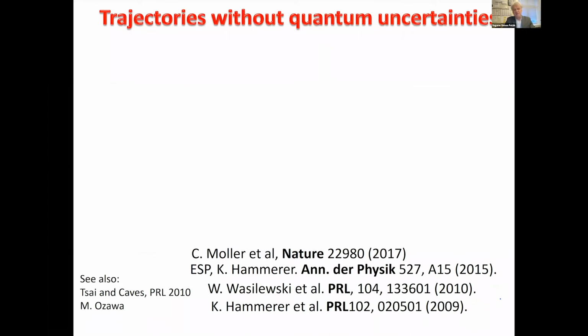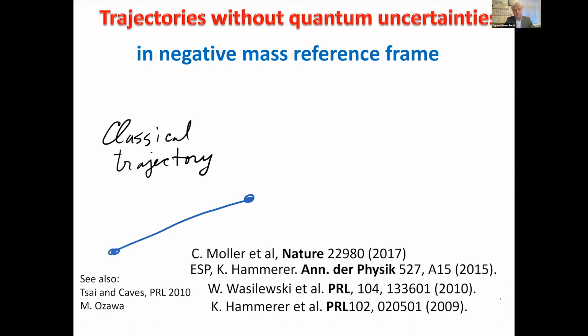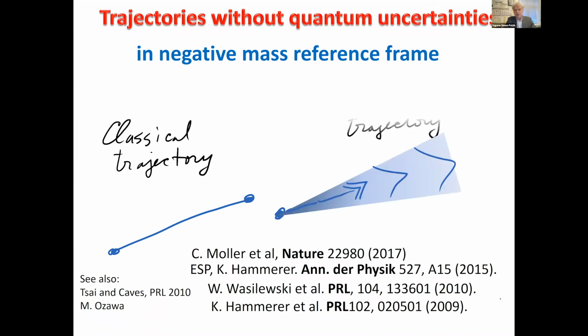So one of the possible titles for this story is Trajectories Without Quantum Uncertainties in the negative mass reference frame. There are certain references you might want to look at for details. The classical trajectory, of course, doesn't have any uncertainties. The quantum trajectory does.